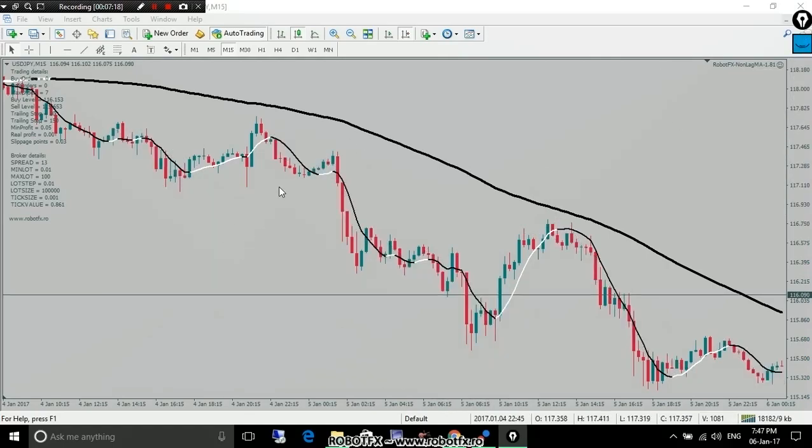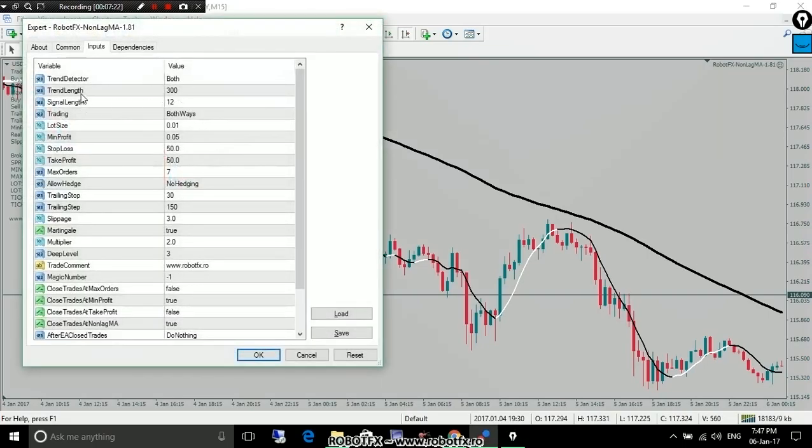Now, let's try the next settings. We talked about the trend length and the signal length. You can instruct the expert advisor to allow only long trades or only short trades, buy or sell, or both ways.